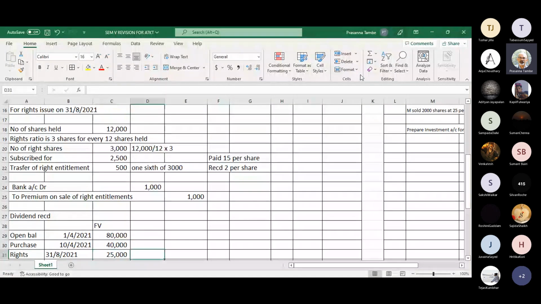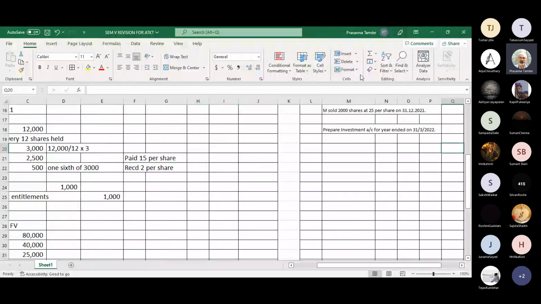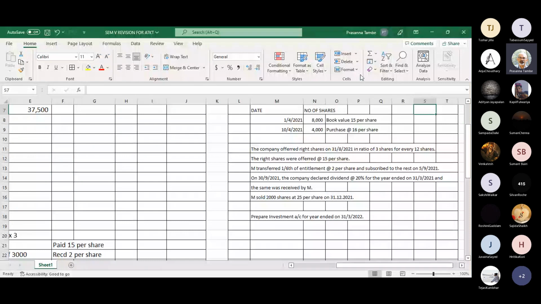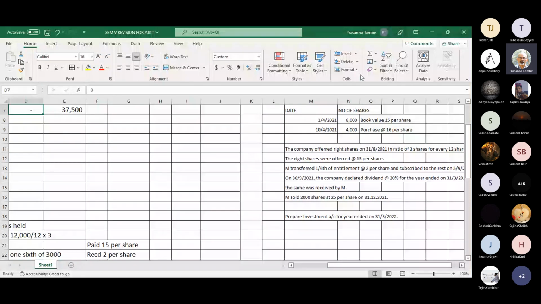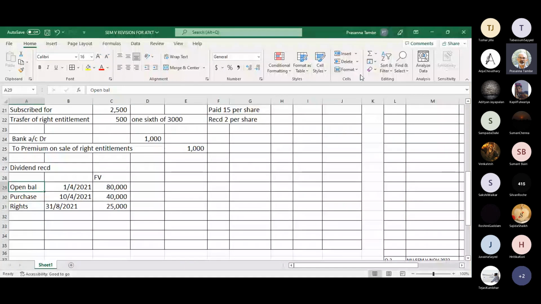Now it says the dividend will be received at 20%, and that dividend will be on face value. Okay, 20% for the year ended on 31st March 21. So dividend at 20% on this. Now this will be eligible for dividend. This will also be eligible for dividend. I'll tell you the reason, but this will not be eligible.